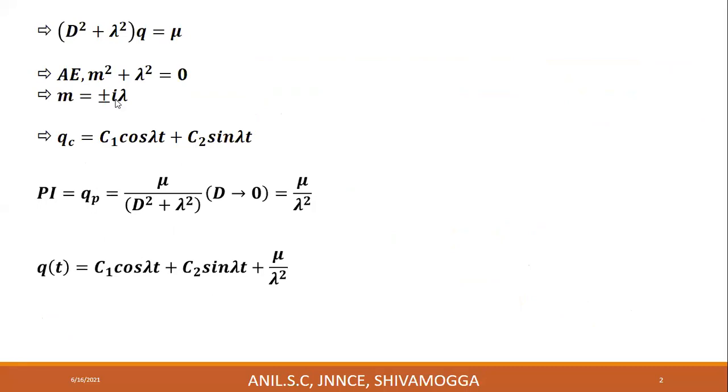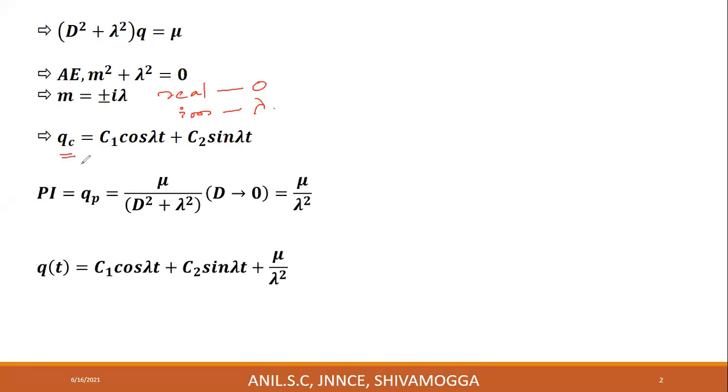M is equal to plus or minus i into lambda. Apply rule number 3. Real part is 0 and imaginary part is lambda. Write the solution.